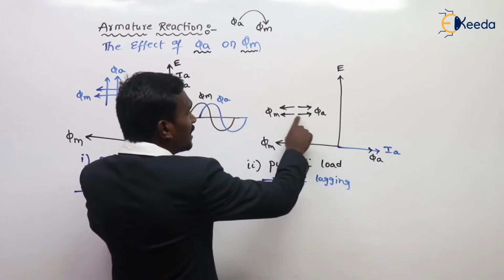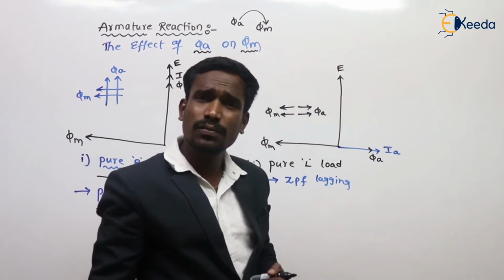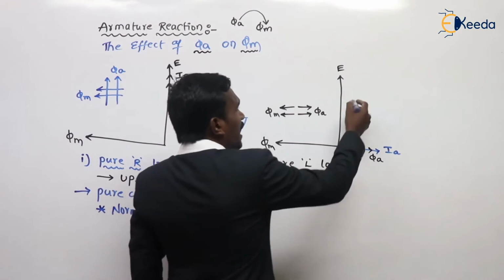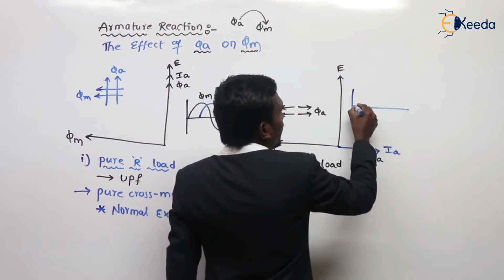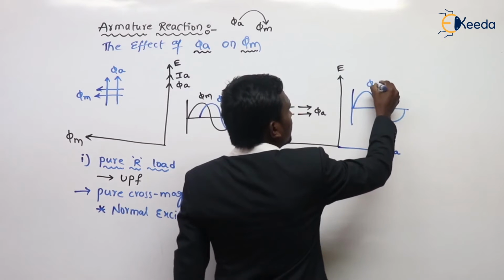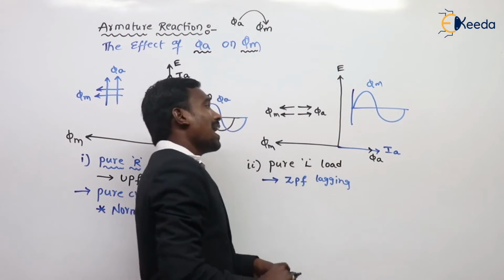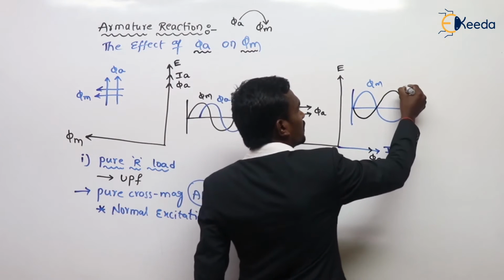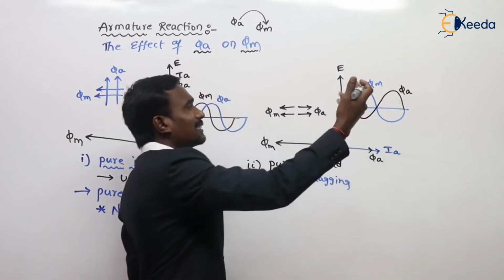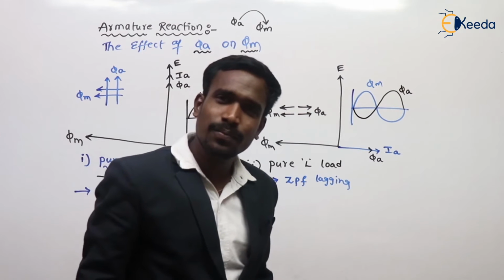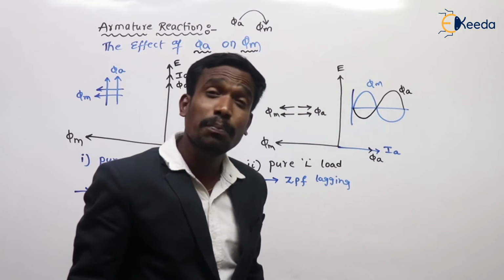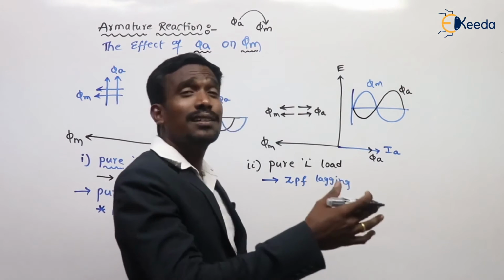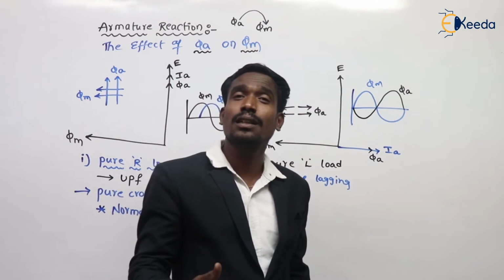Yes, exactly, it is in the opposite direction. My main field flux is like this, but my armature flux is after 180 degrees, exactly opposite to each other. Then what happened? Here the resultant flux reduces.